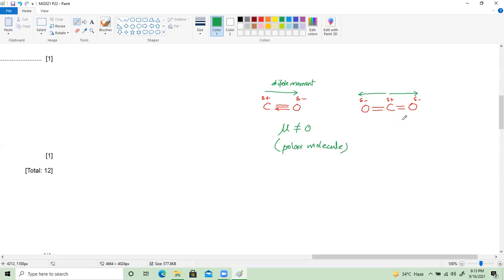The overall dipole moment for the whole molecule is the resultant vector of both of these. If you add both vectors, the second vector starts from the head of the first one, and it's directed like this. So the resultant vector is equal to 0, and thus this carbon dioxide molecule is non-polar. Any molecule for which the value of dipole moment is equal to 0 is considered a non-polar molecule.